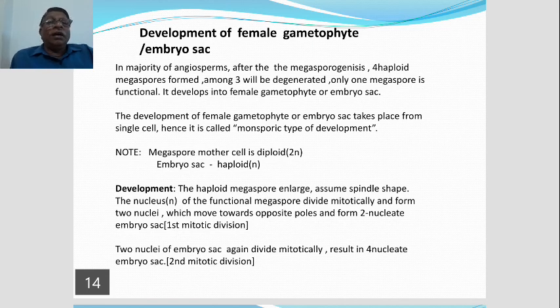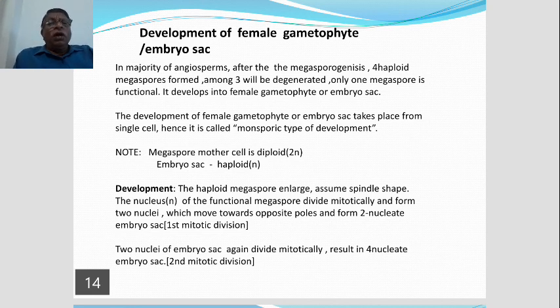Next is the development of female gametophyte or embryo sac. It is for 5 marks. Explain the development of female gametophyte. Okay.